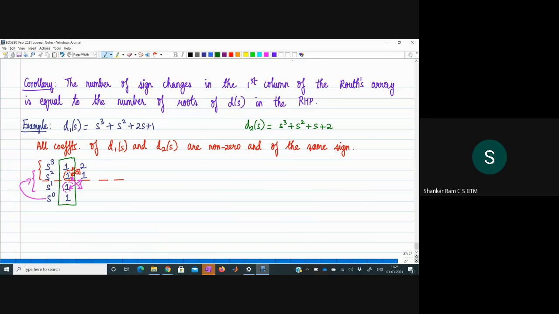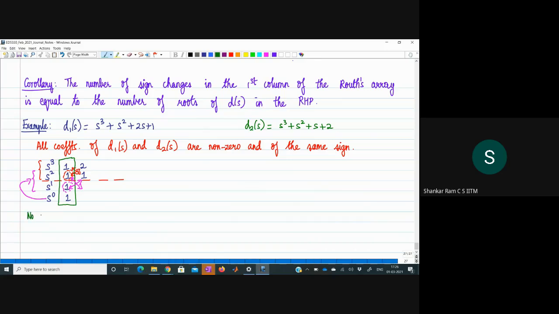But we can always see that we have the coefficients to be positive in the first column. So then we can immediately figure out that this polynomial is Hurwitz by using the Routh criterion.